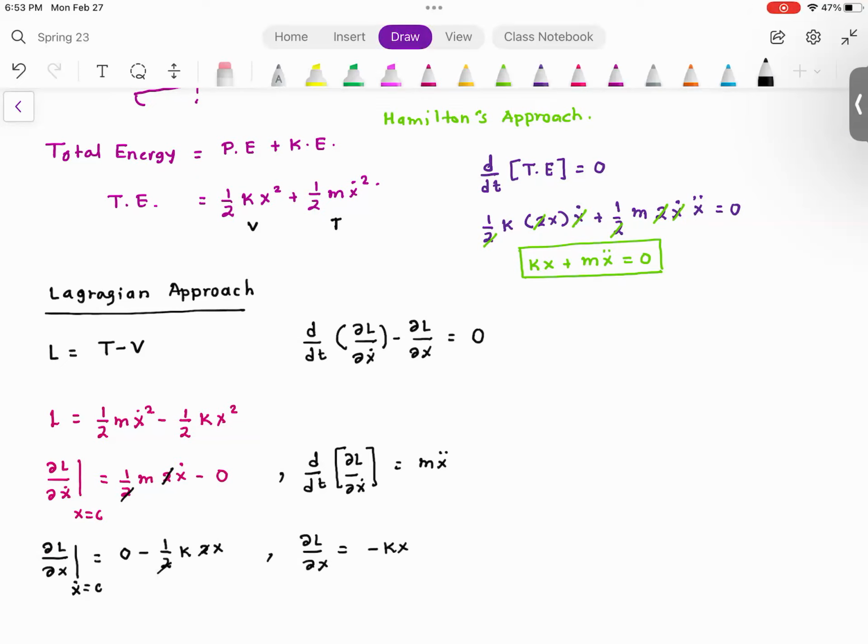Now I substitute these two in the equation at top and I have m x double dot minus of minus kx is equal to 0. Thus I have m x double dot plus kx is equal to 0. Everyone understood this?